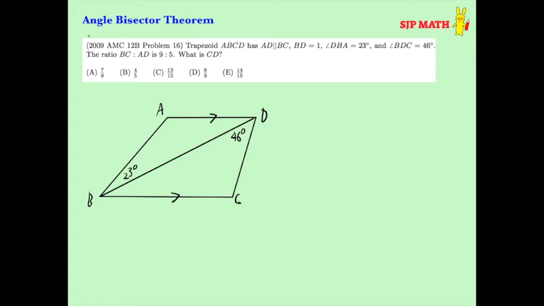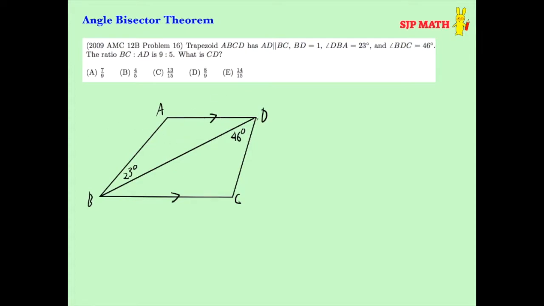The angle bisector theorem is about angle bisectors, about dividing angles in half. So we get a clue that this might have something to do with the angle bisector theorem. So let's start solving this problem then.